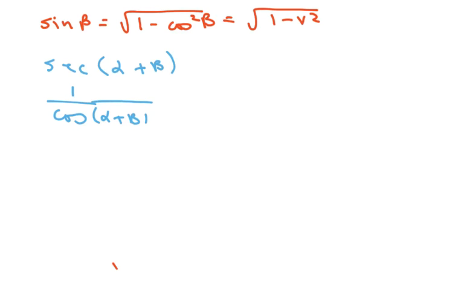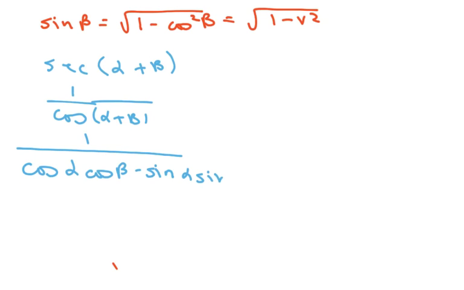So, let me write it all out: 1 over cosine of alpha, cosine of beta, minus sine of alpha, sine of beta.